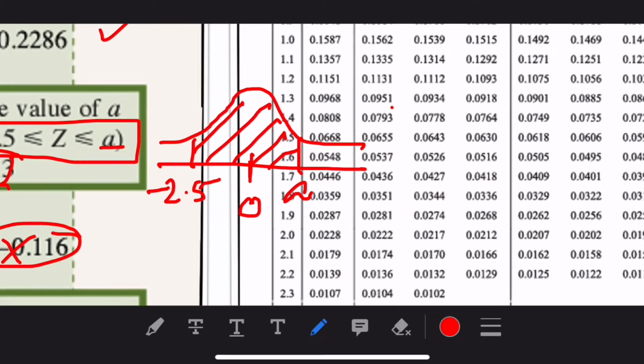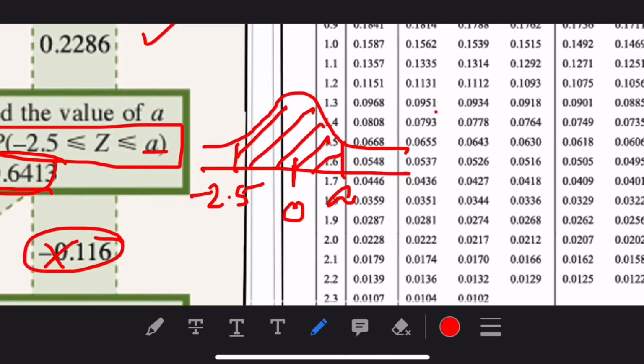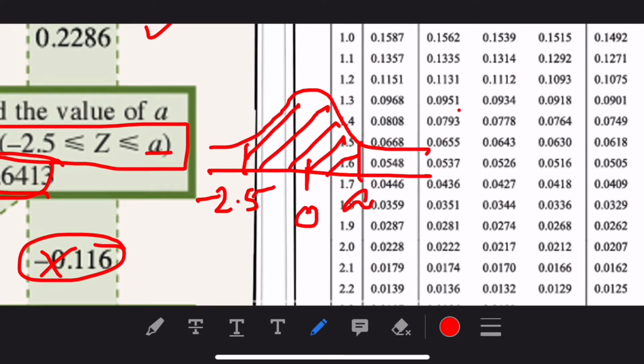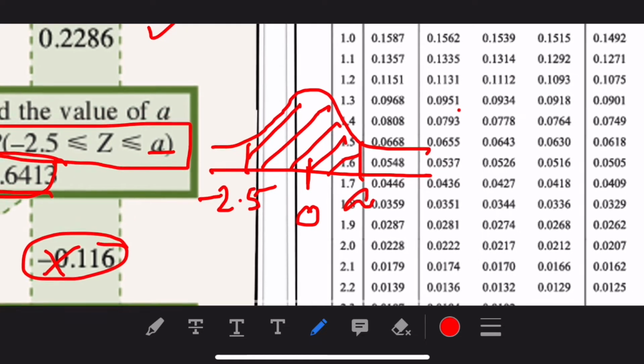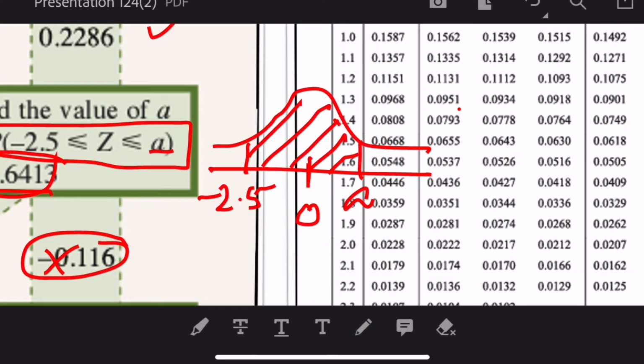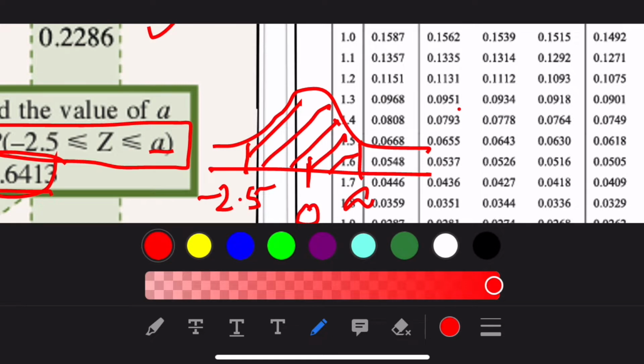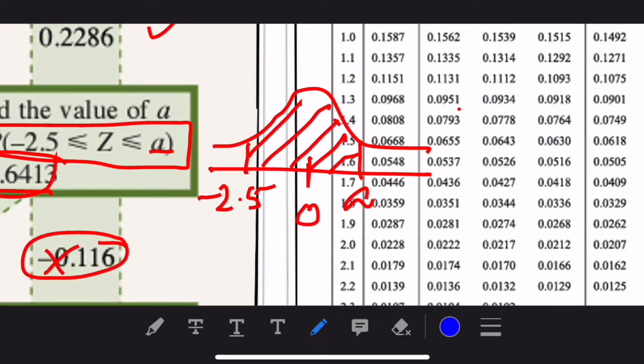0.3785. Basically, if you want to find the z-score from the probability given and you have a calculator, it's very easy. You just go to your calculator and find this area.